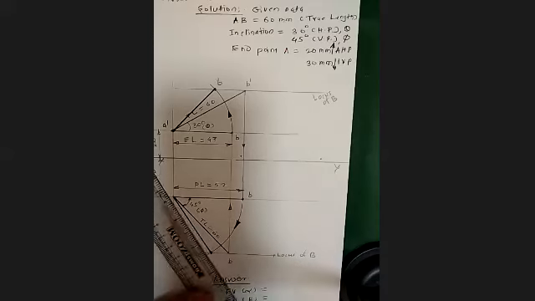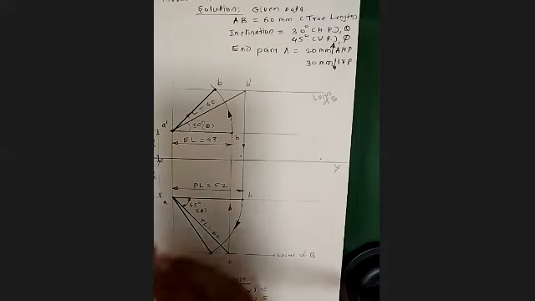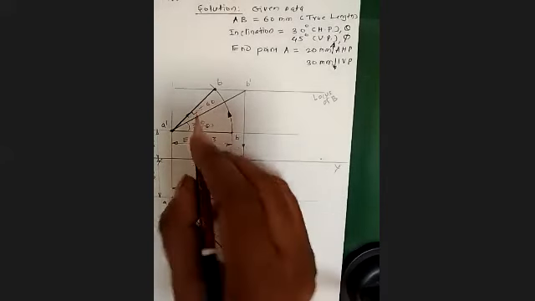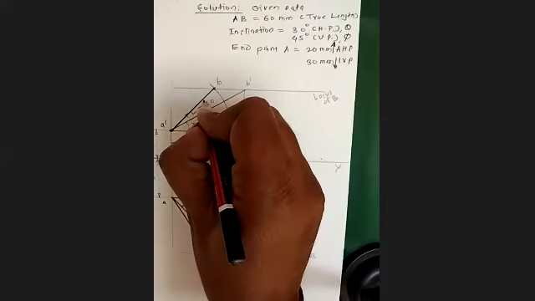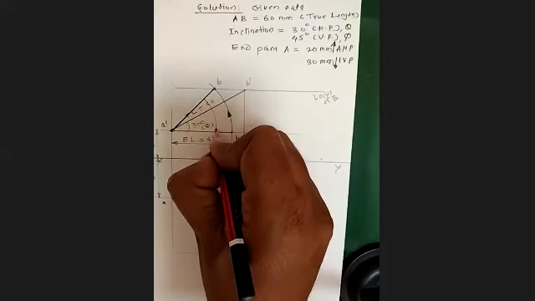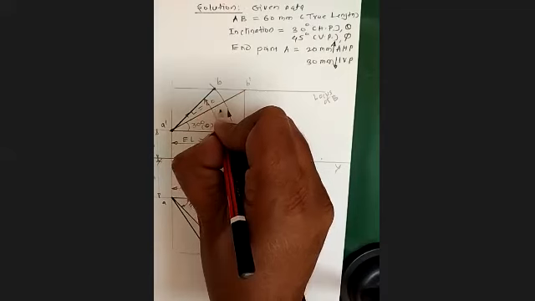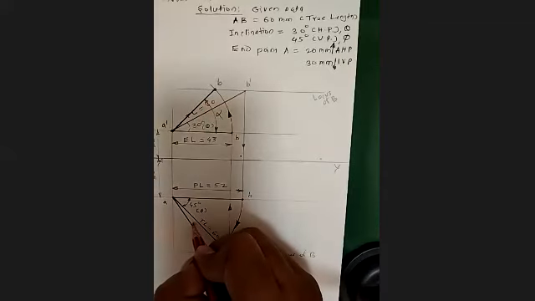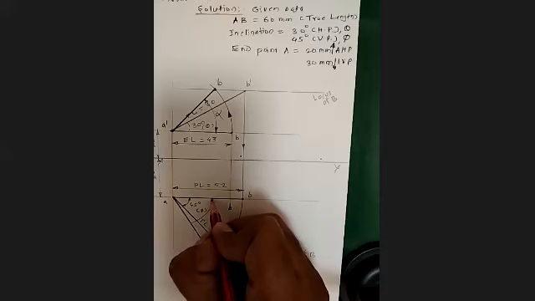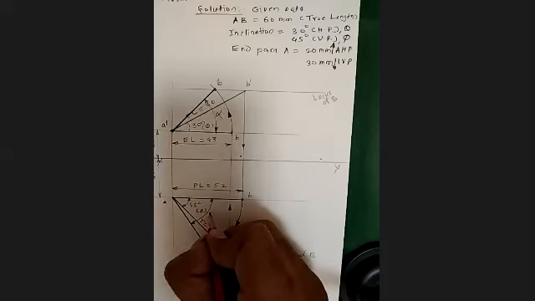And this will give you another angle. Here this is theta, but in the final front view, this is going to give another angle, and we can name this angle alpha. Similarly, the new angle which we are getting here, we say it's beta.